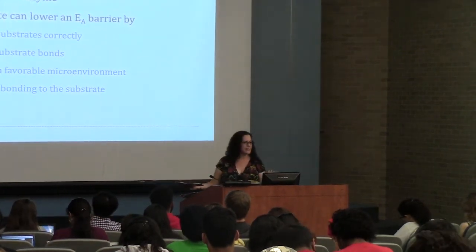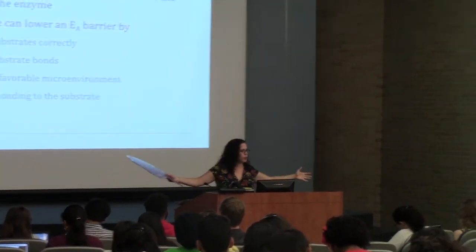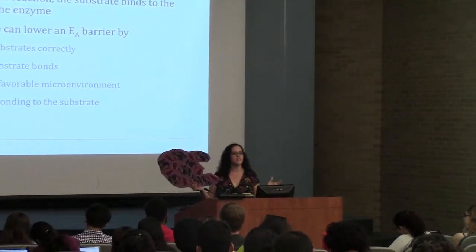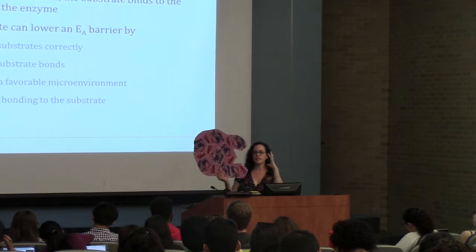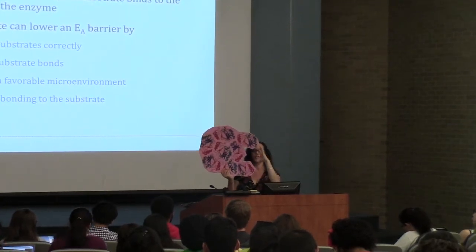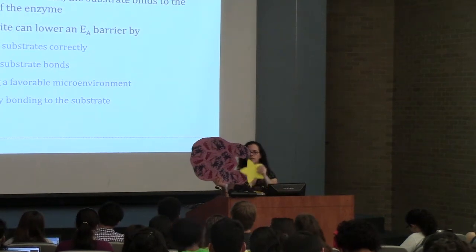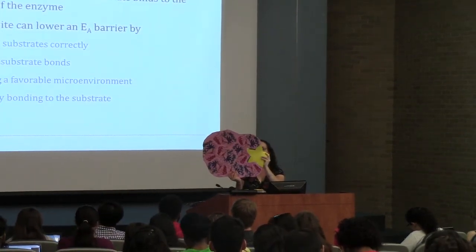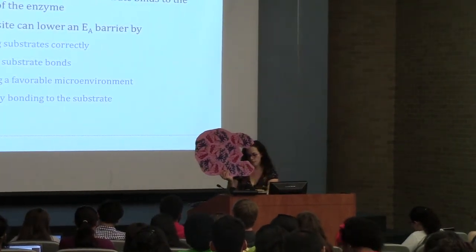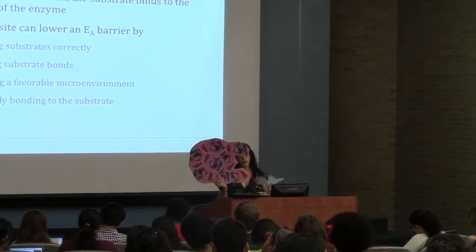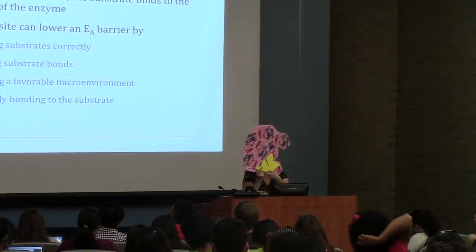And remember that analogy of putting molecules in a pool versus putting them in a cup? So it's kind of the same. You're restricting the conditions of the reaction to this little spot right here. Okay? So once the substrate binds the enzyme, the reaction occurs, and we end up with the products.